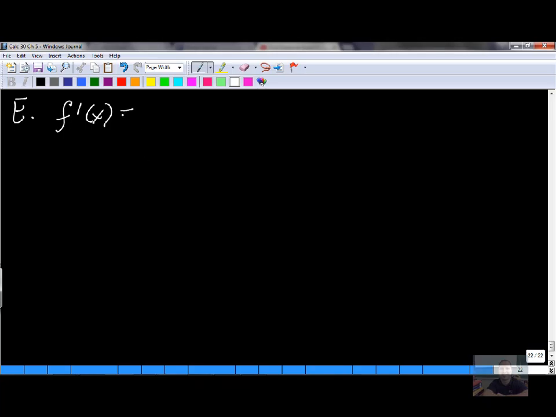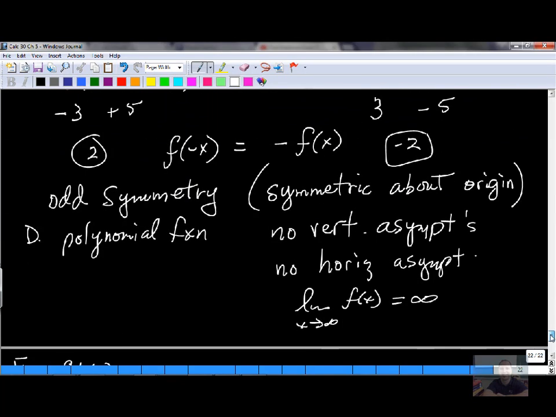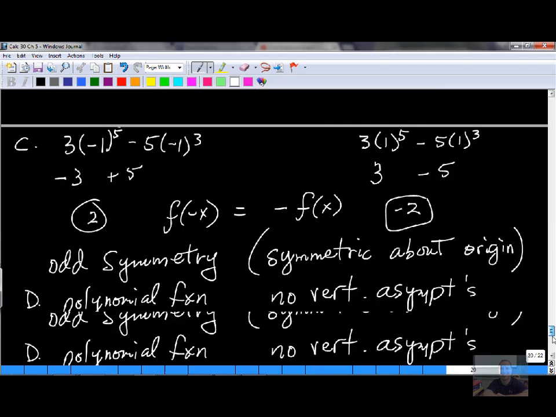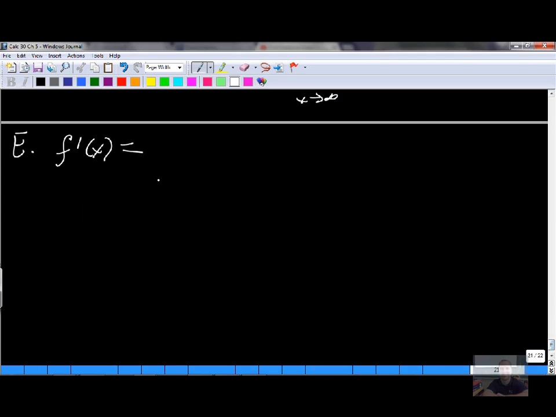The first derivative for this equation is going to be 15x to the fourth minus 15x squared. Where is this positive and where is this negative for a derivative?